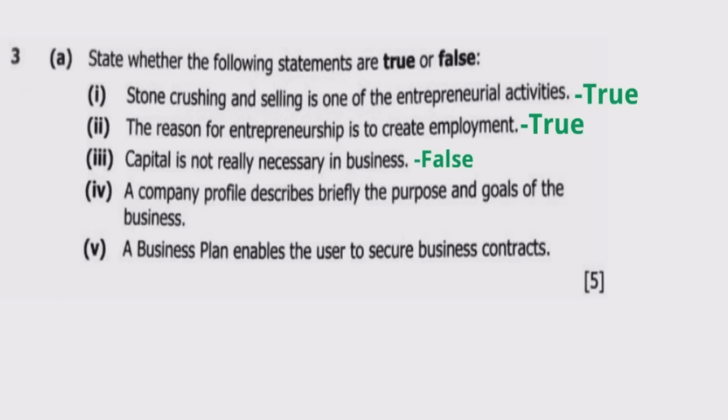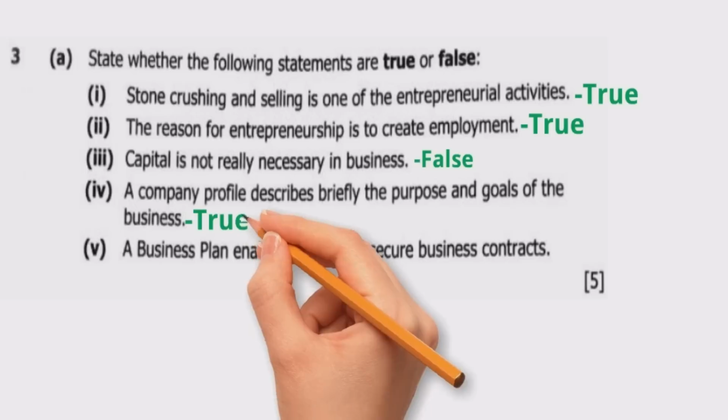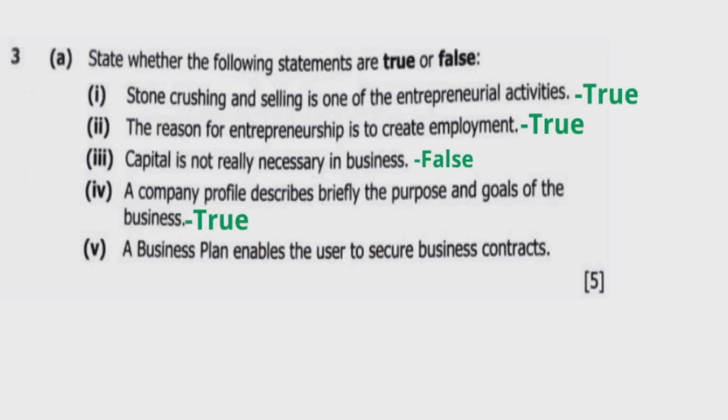Number 4, a company profile describes briefly the purpose and goals of the business. True. Number 5, a business plan enables the user to secure business contracts.